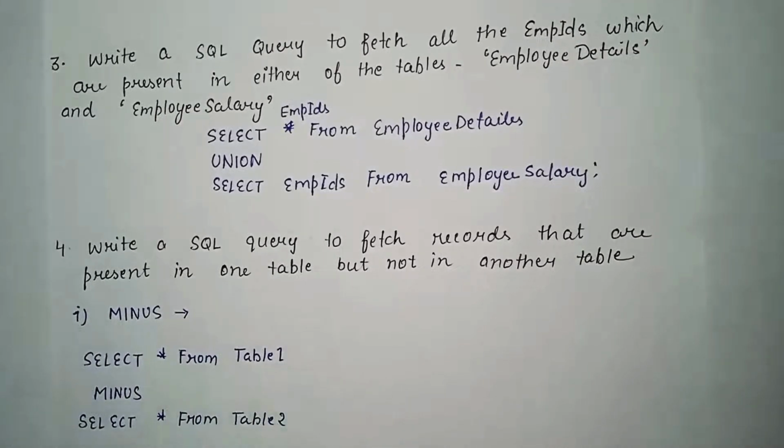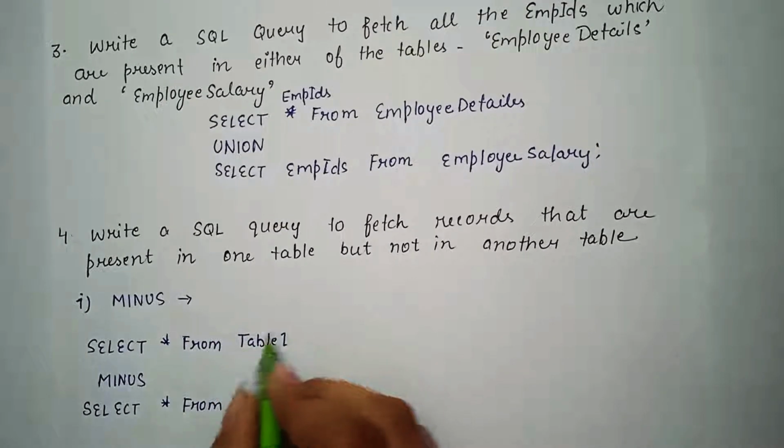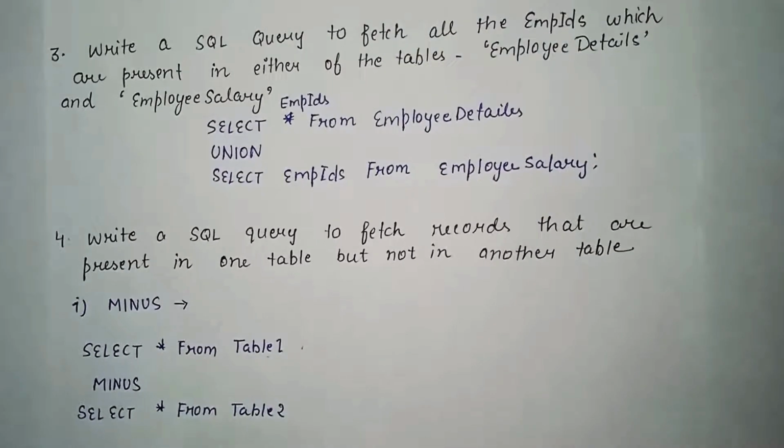Now what this minus operator will do is firstly take all the records from table 1, and then subtract all the records from table 1 that are also present in table 2. And it will return only those records that are present in table 1 but not in table 2. Okay, so this is the first method.